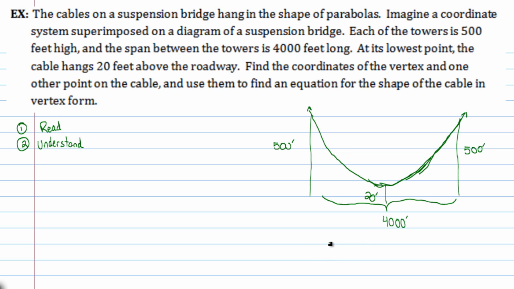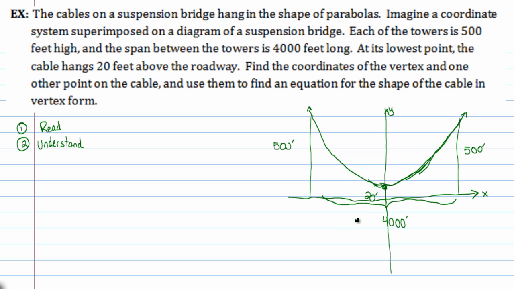Since they didn't tell me how to superimpose this on an axis, I'm going to create my y-axis right here and allow my x-axis to be right here. The reason is that if I can avoid having my vertex off of the y-axis, I'll take that option.